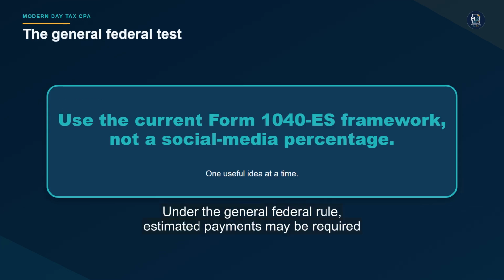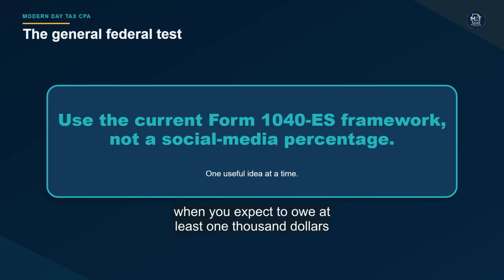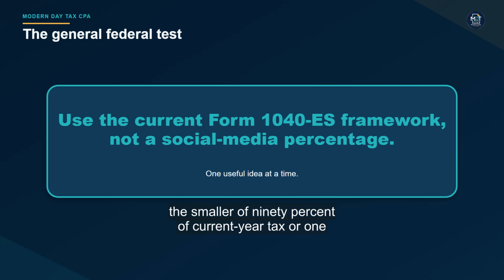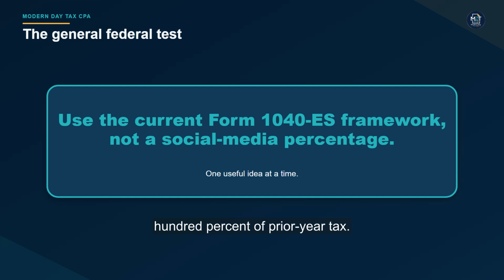Under the general federal rule, estimated payments may be required when you expect to owe at least $1,000 after subtracting withholding and refundable credits. You also generally compare expected withholding and refundable credits with the smaller of 90% of current year tax or 100% of prior year tax. We call that a safe harbor.